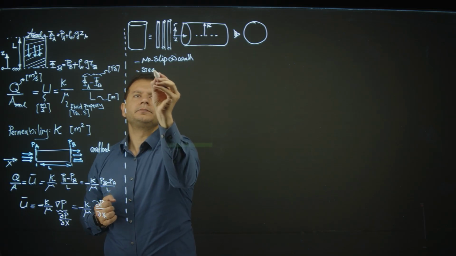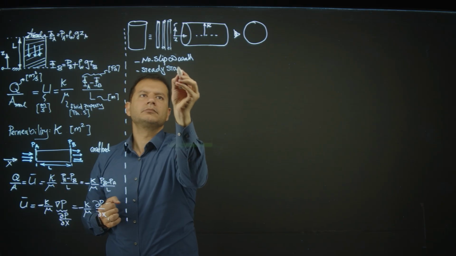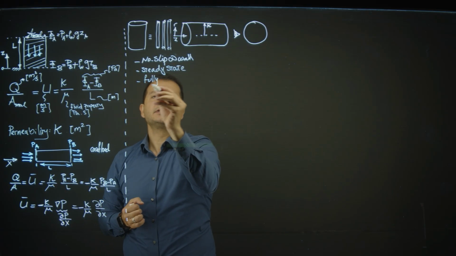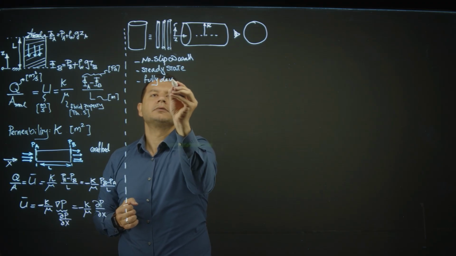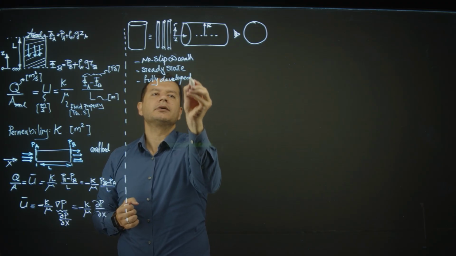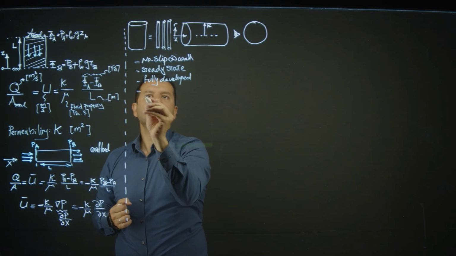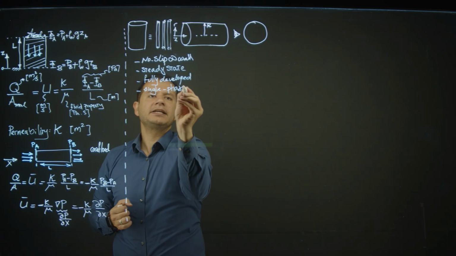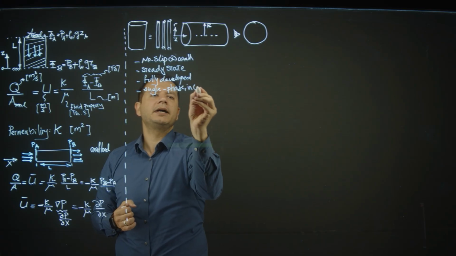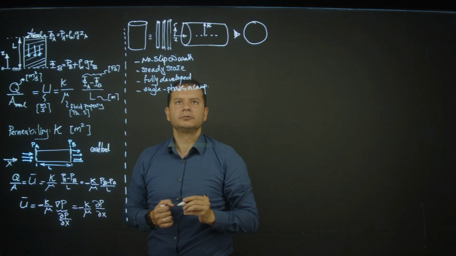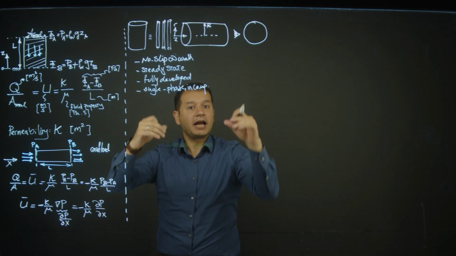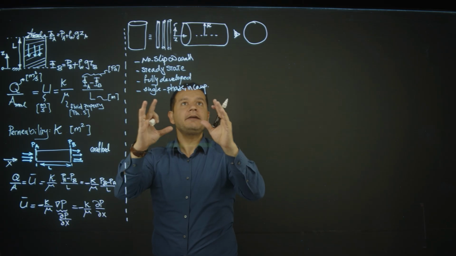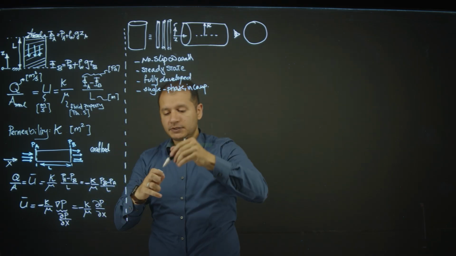Steady state, fully developed boundary layer, and single phase, incompressible flow. Under these assumptions, I will show in the future lectures that the Navier-Stokes equation gives you the velocity across this tube.